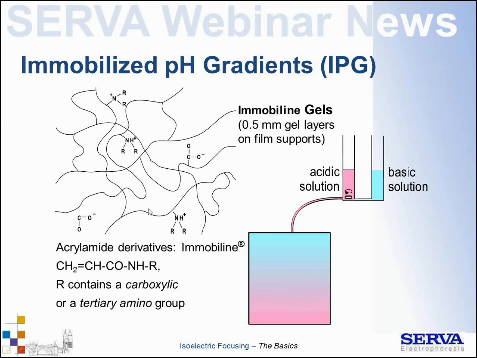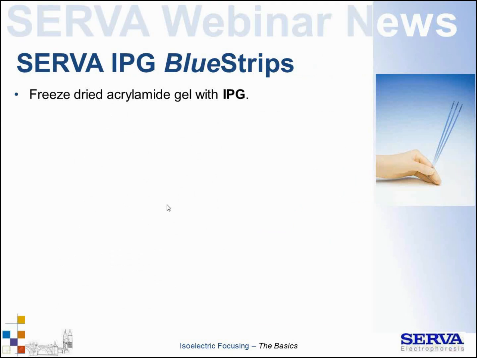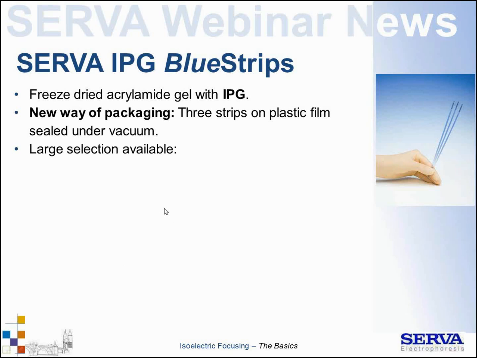Now the pH gradient is fixed to the matrix and cannot move anymore. This is mainly done for 2D electrophoresis under denaturing conditions, because under native conditions immobilized pH gradients are a little bit problematic. If you want to know more about this, we can discuss that during discussion.